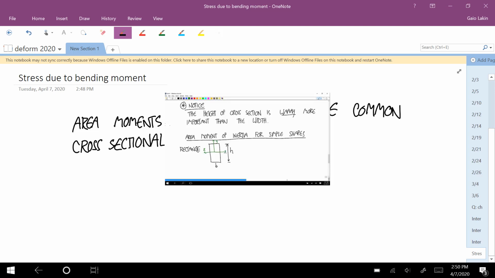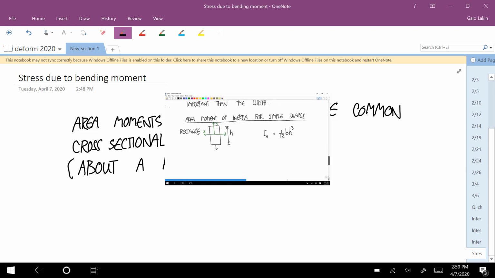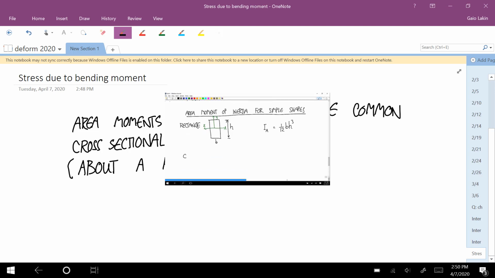And if this green is our axis, then I sub a is 1/12 base times height cubed. And you have to keep in mind that these are all about the horizontal axis through the centroid. The second one is a circular cross section.